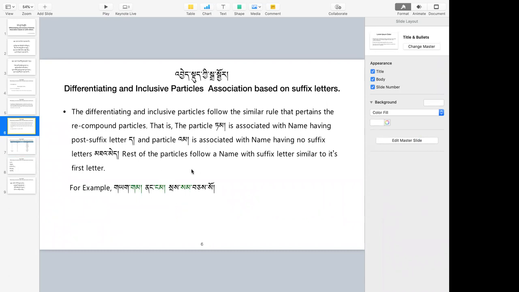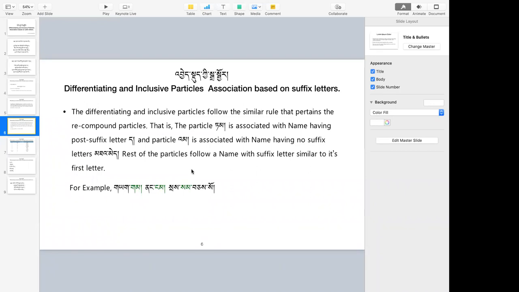So the post-suffix letter ta is also known as tagyu. We have already discussed this in previous classes. It's called tagyu. And a name that doesn't have any suffix letter is called tame.